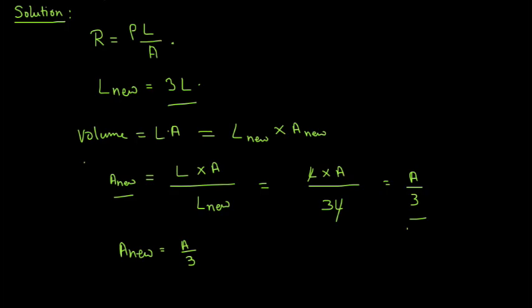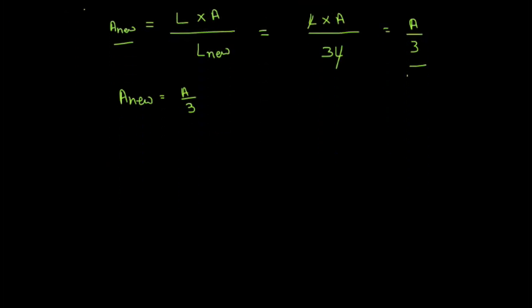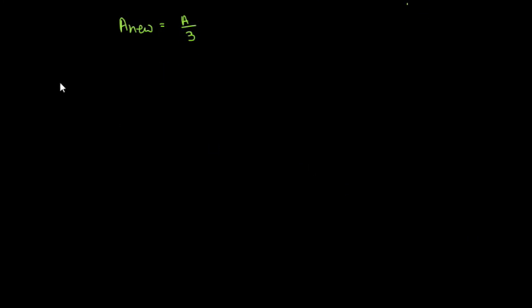Now R nu we can write as rho L nu upon A nu, which is equal to rho 3L.